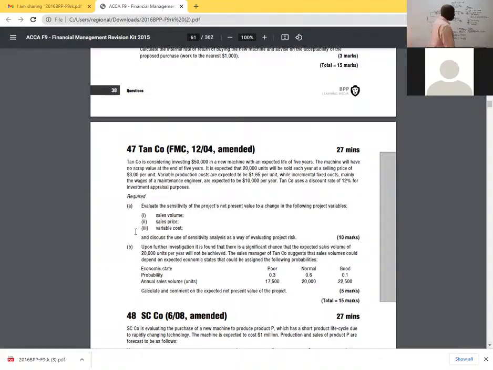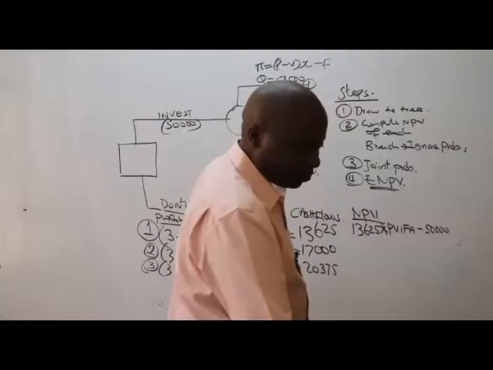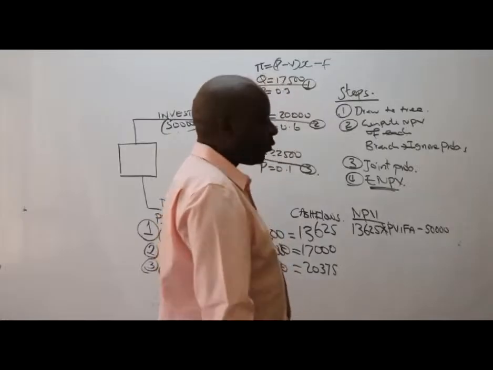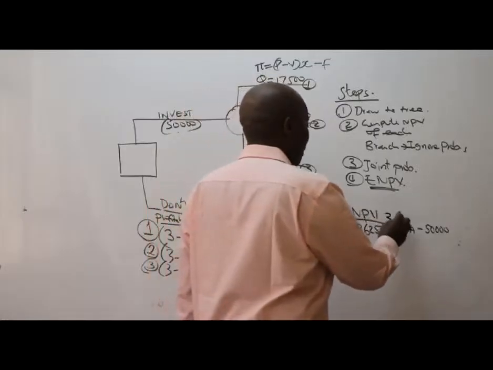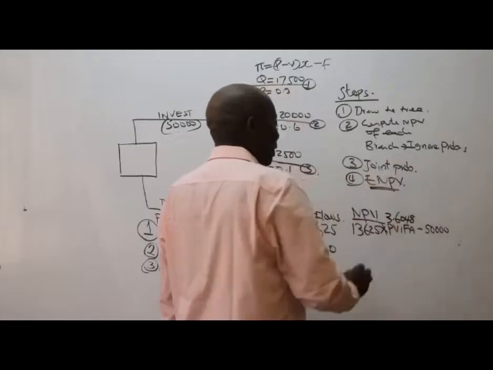Remember, PVFA, ladies and gentlemen, will still remain the same. I would want you to remind me the PVFA figure. We already obtained it; the PVFA will not keep on changing. Who can remind Mwalimu the PVFA? It is 3.6048. Thank you so much.